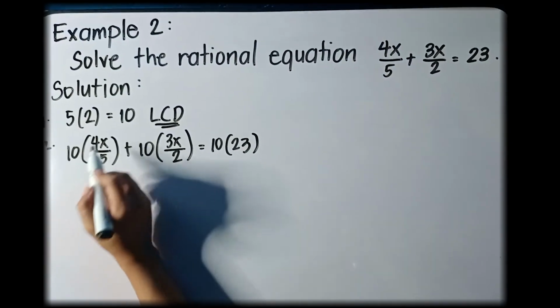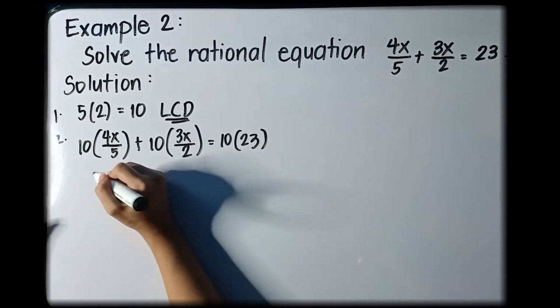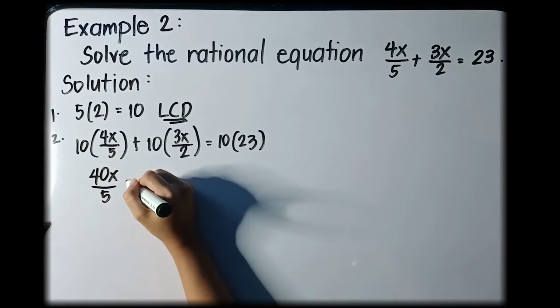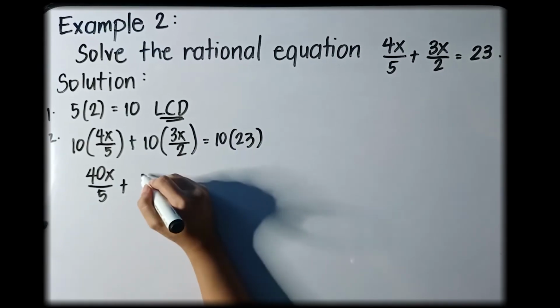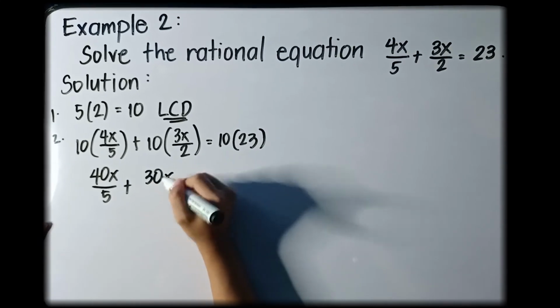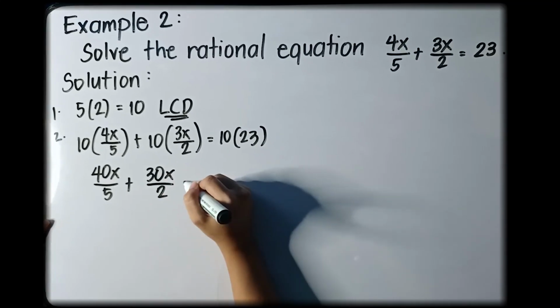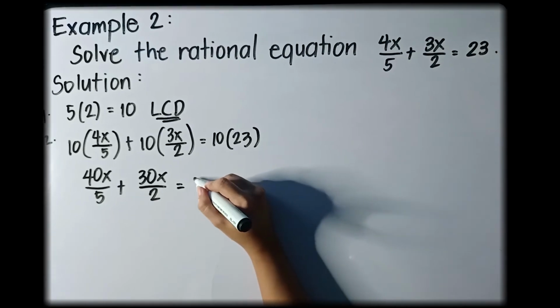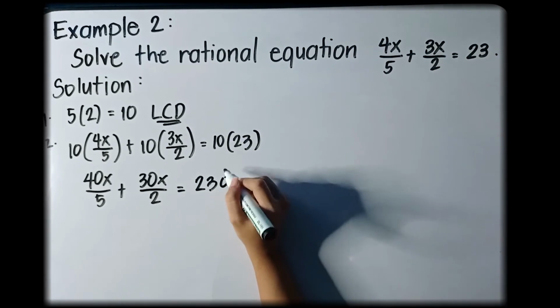So 10 times 4x is 40x divided by 5, plus 10 times 3x is 30x divided by 2, equals 10 times 23, which is 230.